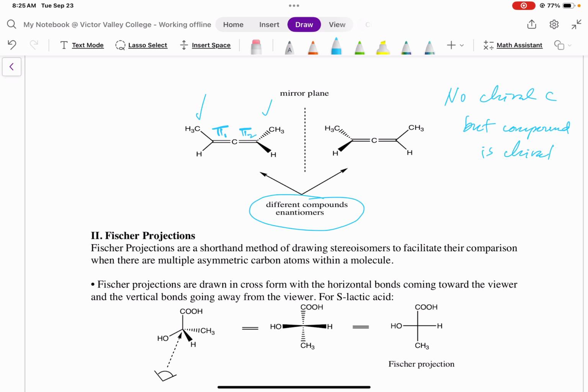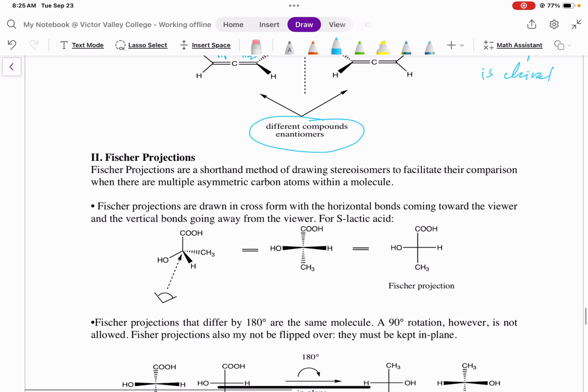Okay, now let's move on and look at more examples. Fischer invented a very good way to draw the structure of a chiral compound in 2D.